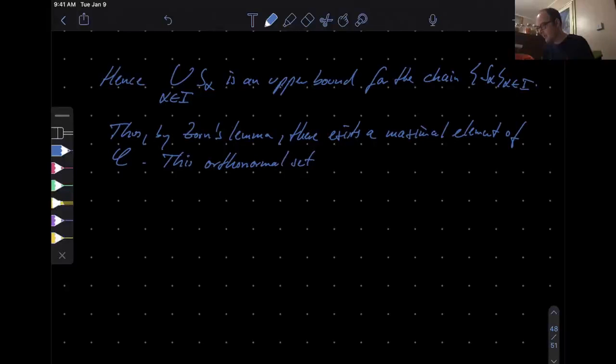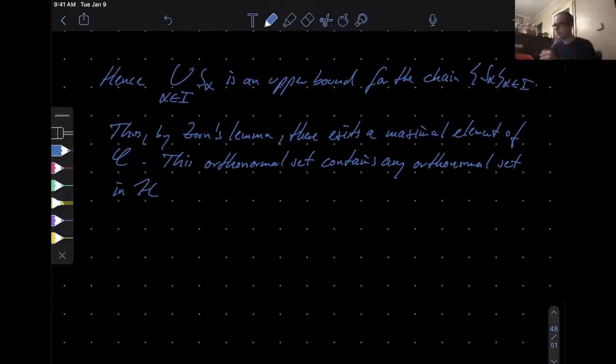And because it is a maximal element, it contains any orthonormal set in H, because our relation is set inclusion.